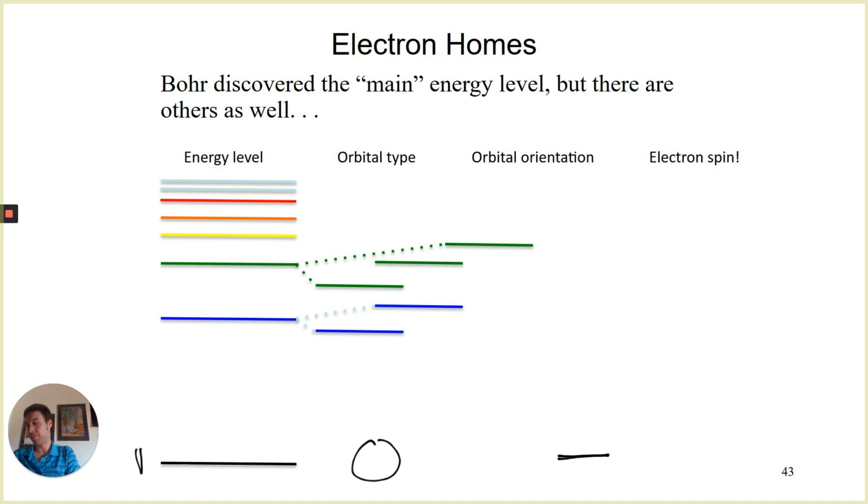When I move up to the second energy level, it's still a sphere to start with. Okay? Again, only one orientation. But the next one, that p orbital, if I turned that, would you be able to tell that I turned it? Yeah. Okay. And in fact, you might say, well, you rotated it 90 degrees.